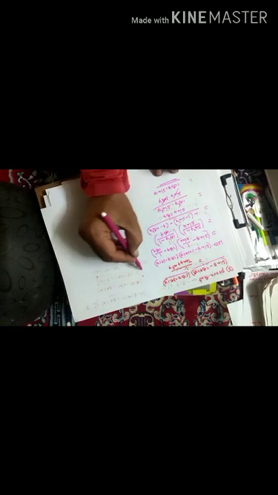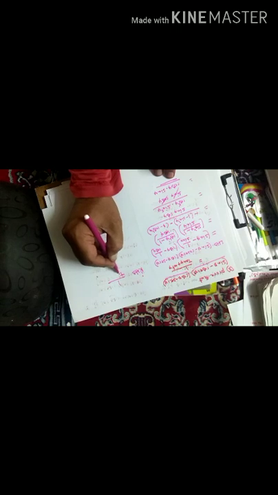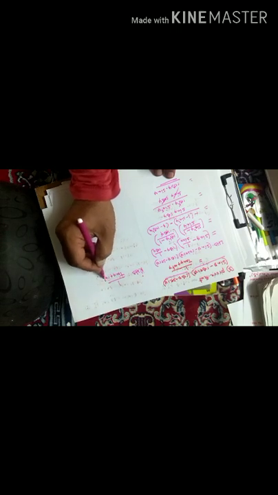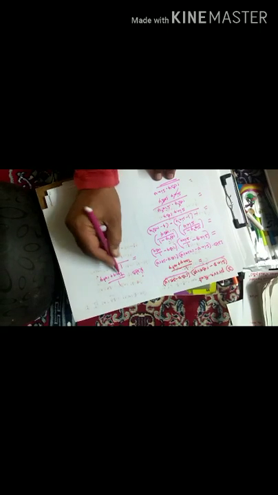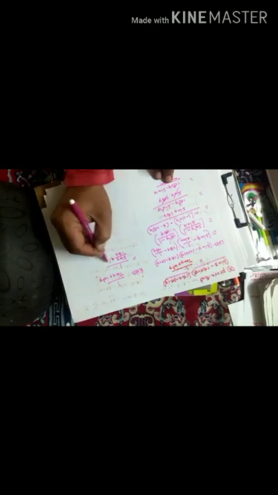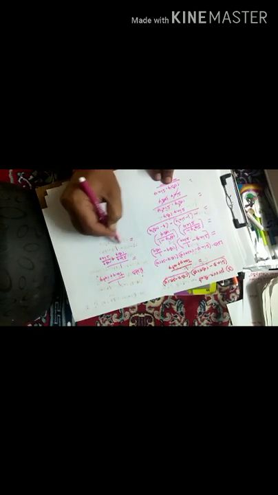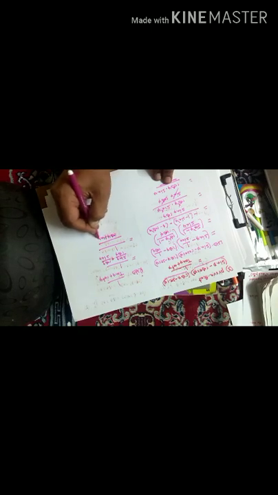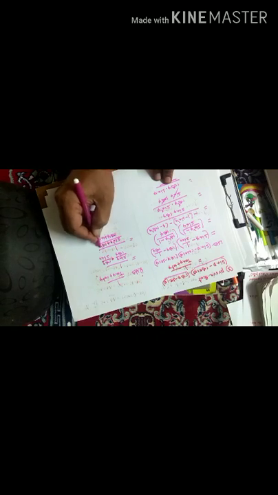If I go for the RHS, RHS is given as 1 by tan theta plus cot theta. I can write tan theta as sin theta by cos theta plus cot theta as cos theta by sin theta. This is equal to 1 by, if you go for the LCM, cos theta sin theta, the multiplication, sin square theta plus cos square theta.